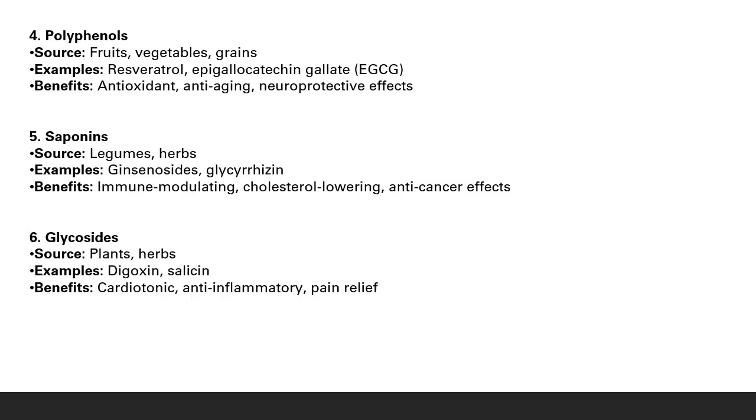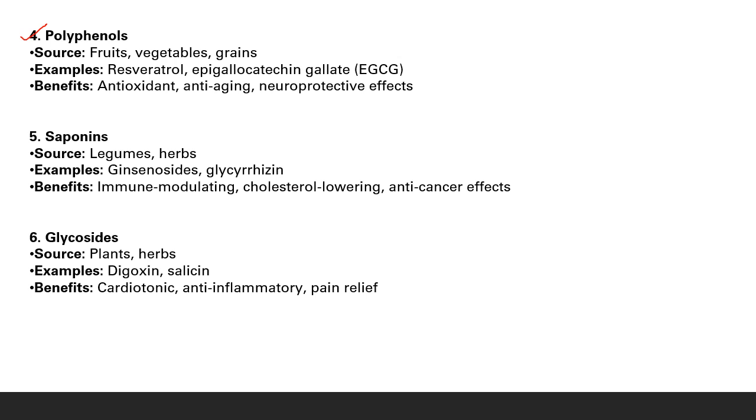Next one is polyphenols. Sources are fruits, vegetables, and grains. Examples are resveratrol, then epigallocatechin gallate, that is EGCG. The benefits are they have antioxidant properties, anti-aging, and neuroprotective effects.